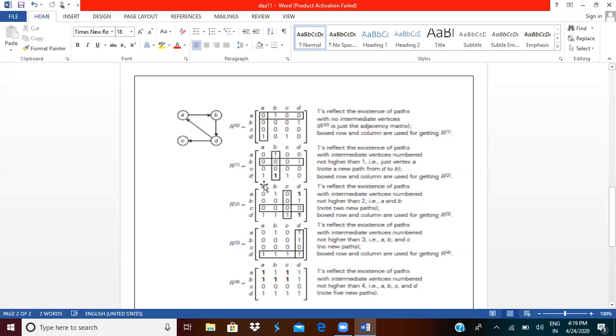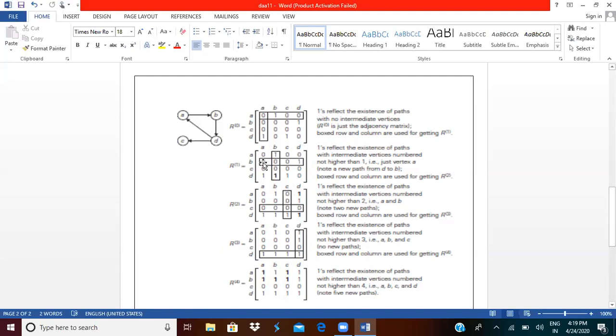Now I'll keep this matrix in my mind and I will derive this matrix. How do I do it is the question. Now if you see here, whatever values that I have marked within the box, don't change those values. Concentrate only on the values which are outside the boxes.